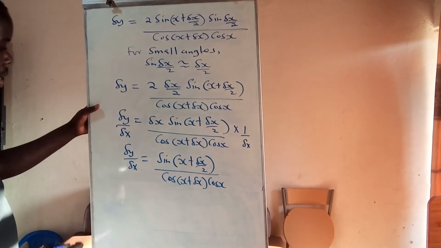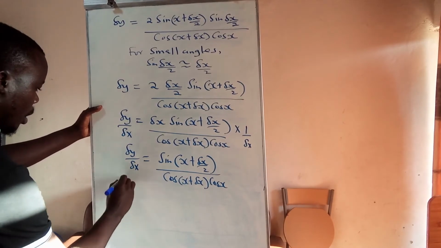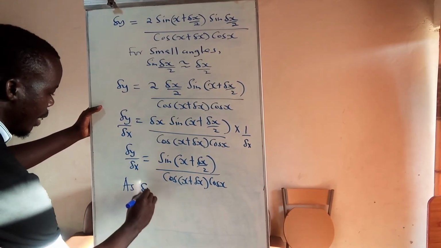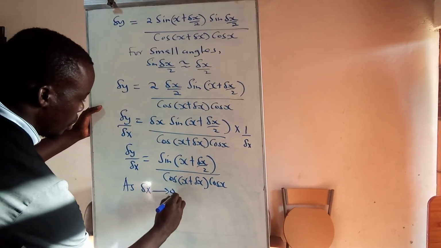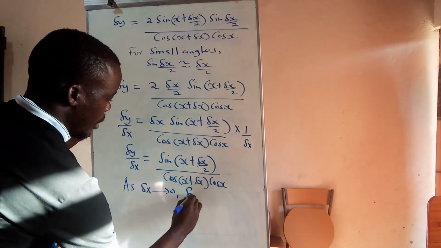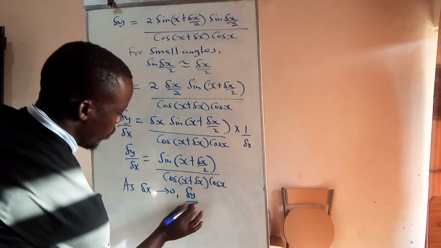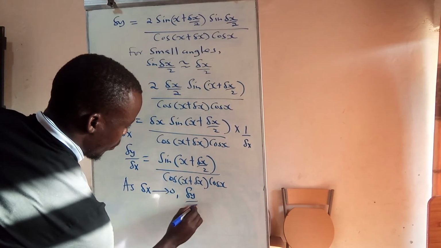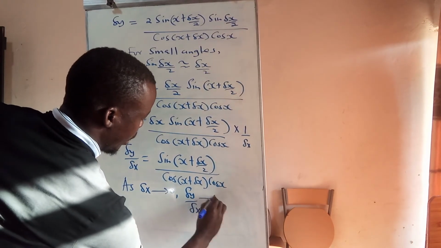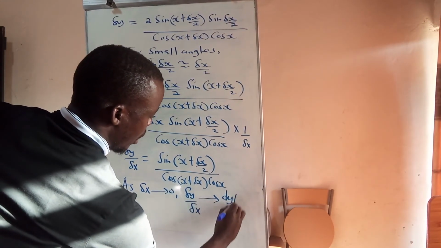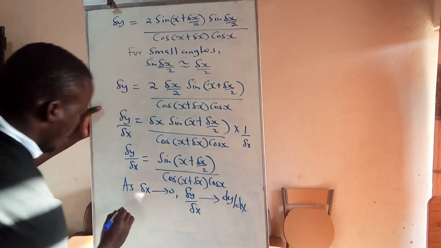So from this level, we shall now make an assumption that in the limit as delta x tends to 0, delta y over delta x tends to dy dx. What does that mean?